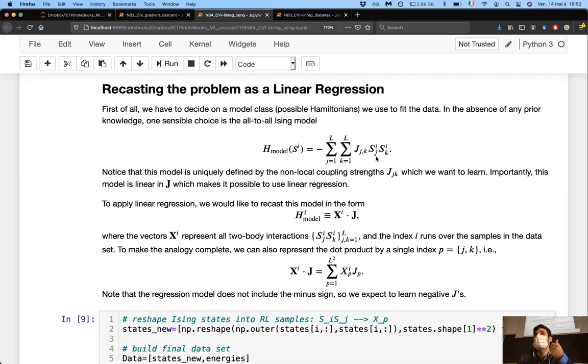We'll represent this matrix of configurations as a vector. We'll vectorize this matrix, so you can think of jk as a single index now. And an entry of this vector, whose indices are all the pairs jk, is a product like this.